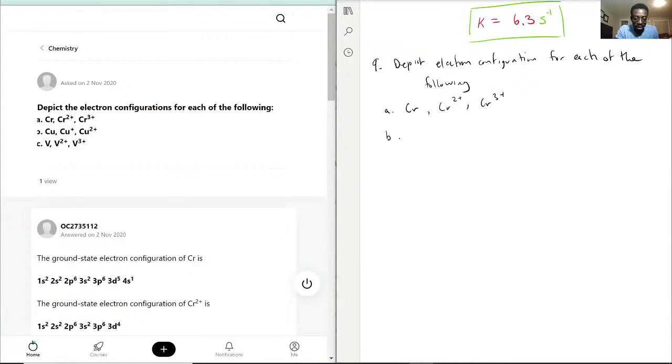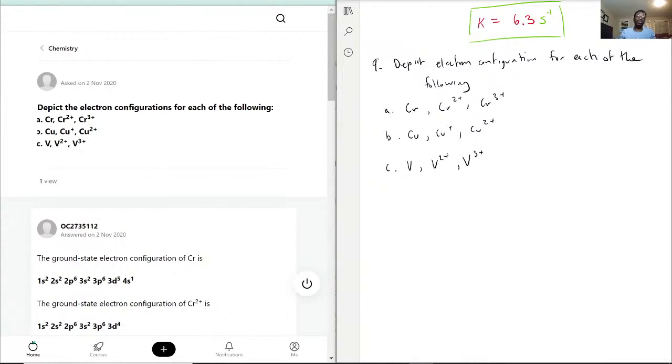B is copper, copper plus, and copper 2 plus. C is vanadium, vanadium 2 plus, and vanadium 3 plus. So those are the ones that they want us to do.